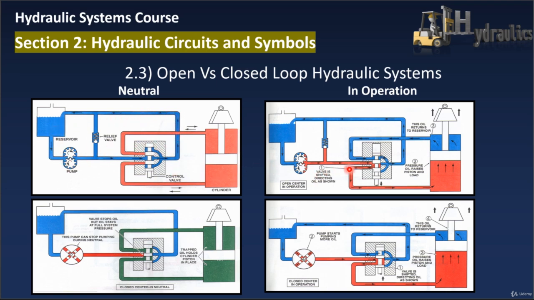During operation, the valve is shifted here, and the oil will move to the piston, lifting it up, and the remainder will go back to the tank. In the closed loop system, this is the neutral position, the piston is not working, and the fluid here is maintained. During operation the pump will give the fluid to lift the piston back up, with continuous operation between the piston and the pump.